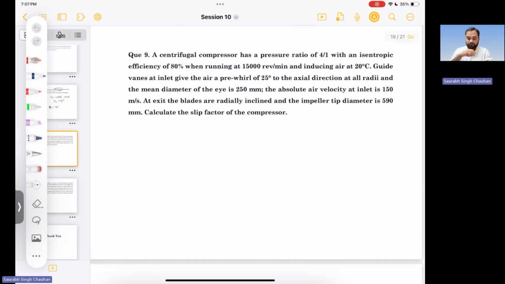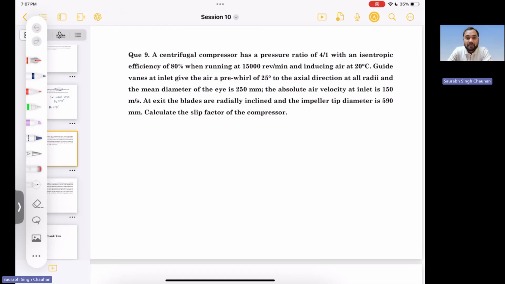Okay. Question number 9. Question number 9 says a centrifugal compressor has a pressure ratio of 4:1 with an isentropic efficiency of 80% when running at 15,000 revolutions per minute and inducing air at 20 degrees Celsius.